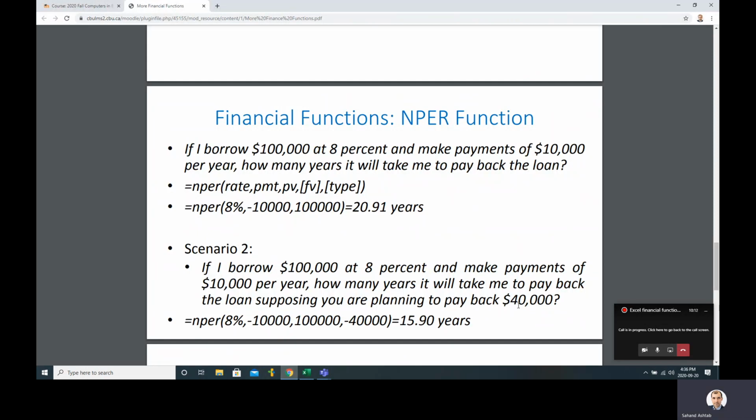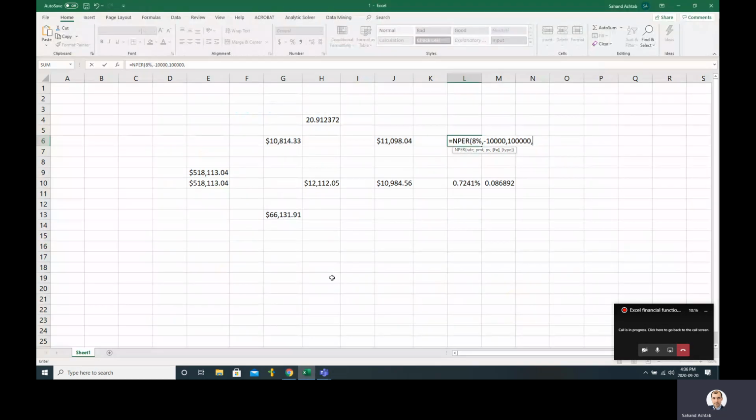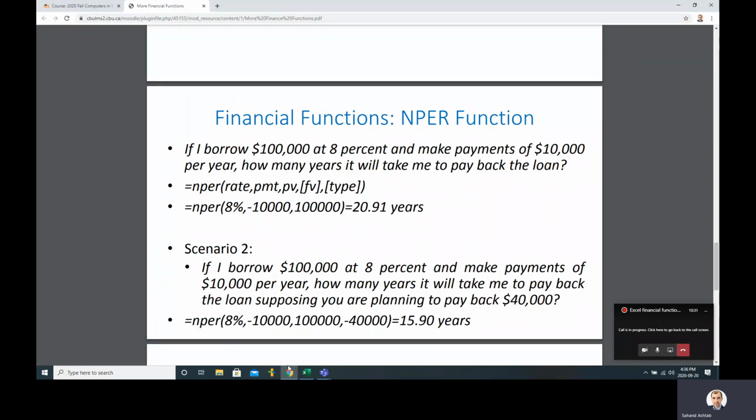So you have 40,000, but it's actually a payment, so that will go in as minus 40,000. Now close parentheses. As it's a payment, that went in with a negative sign, you get 15.90 years, and that is how much time it's going to take to pay back this loan.